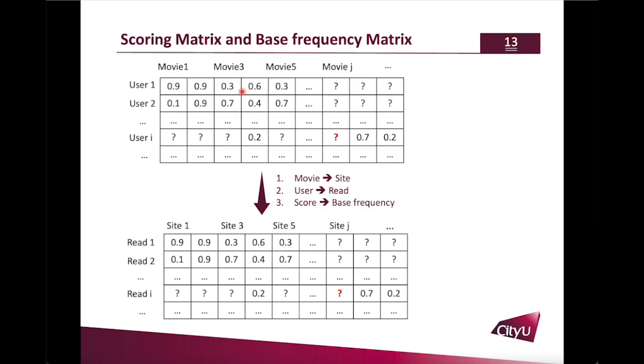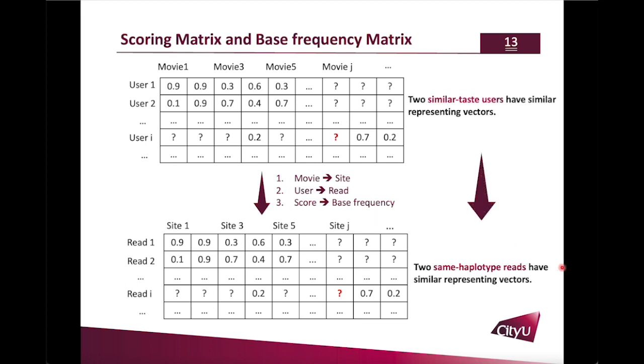If we replace movie, user, and score with site, read, and base frequency, we will have such a base frequency matrix. This matrix can be derived from the read alignment easily. Because reads from the same haplotypes tend to have the same nucleotide bases at the corresponding sites, they will have similar frequencies at the corresponding site too. As a result, reads of the same haplotype will have similar latent vectors.